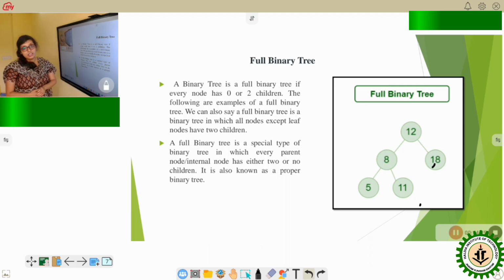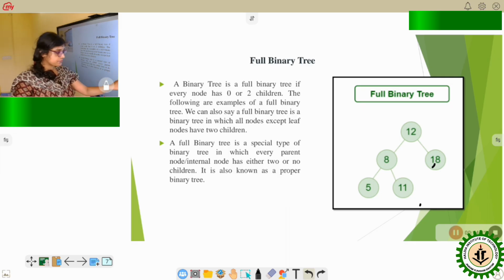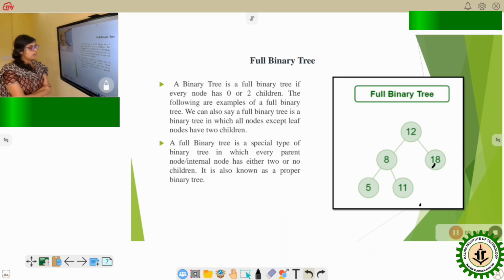So, what are the internal nodes present in this full binary tree? The internal nodes are 8 and 18. So, the condition is whether 8 has 2 children or no children. It has 2 children, condition satisfied. 18 has no children, condition is satisfied for a full binary tree.